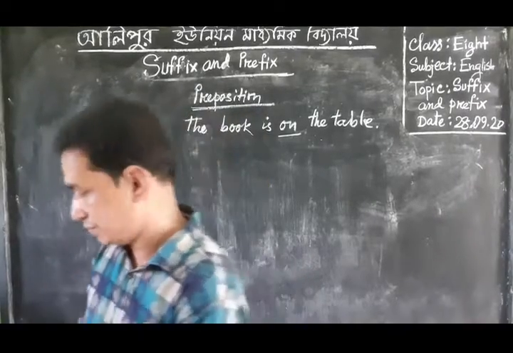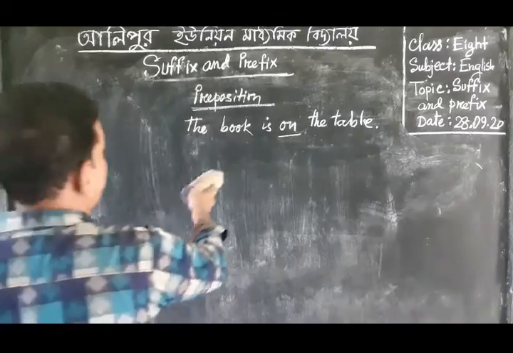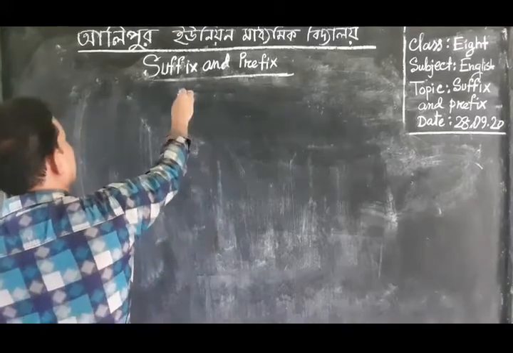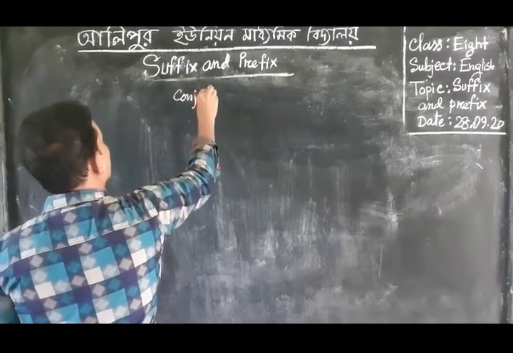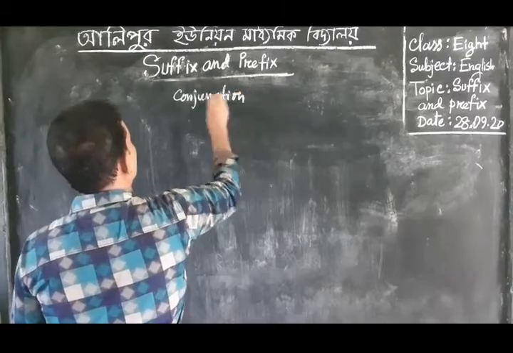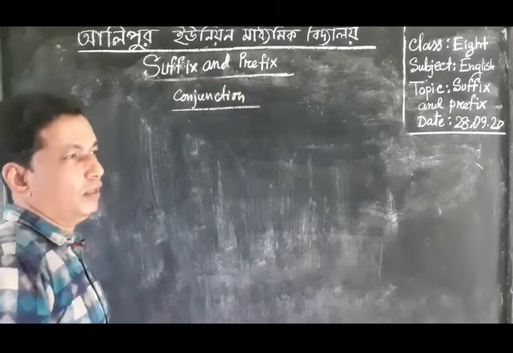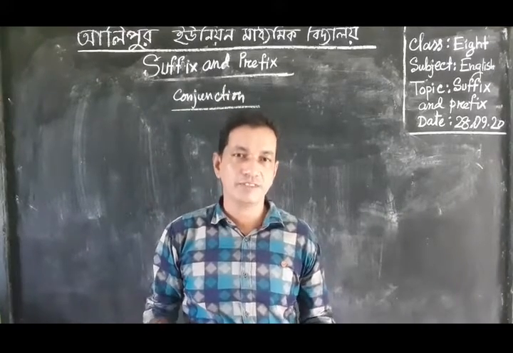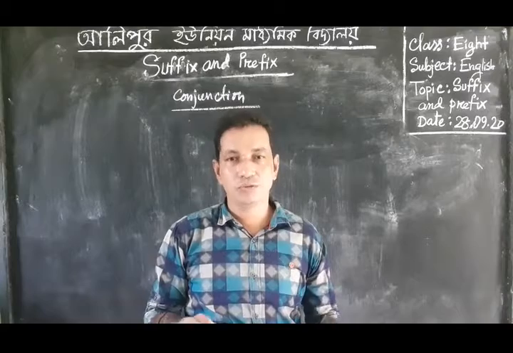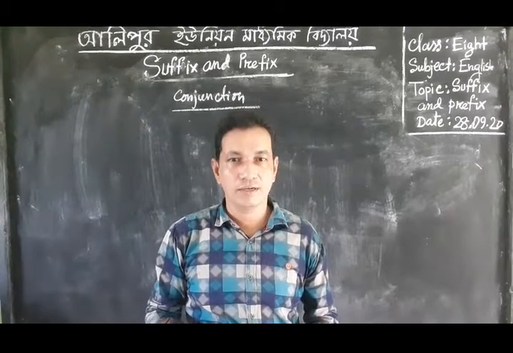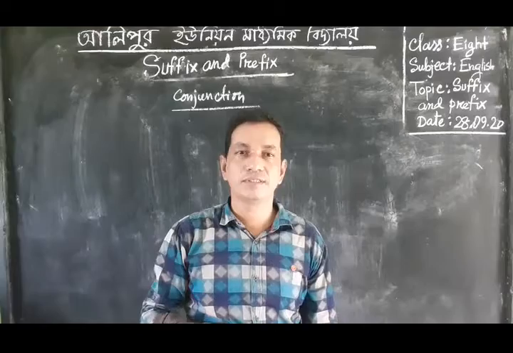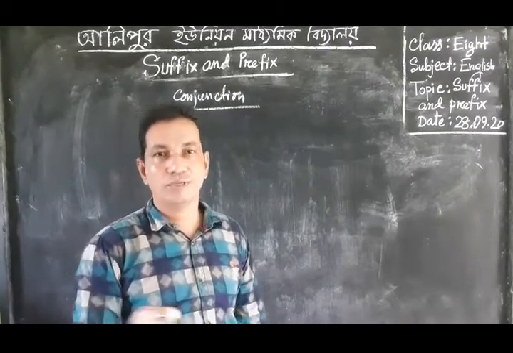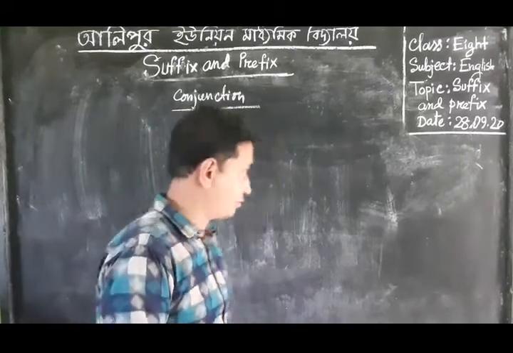Conjunction, our next part of speech. Conjunction does the activity of joining two words, two phrases, two clauses, and also two sentences. Okay, dear learners, conjunction does this activity because it joins so many words, phrases, and clauses in a sentence.